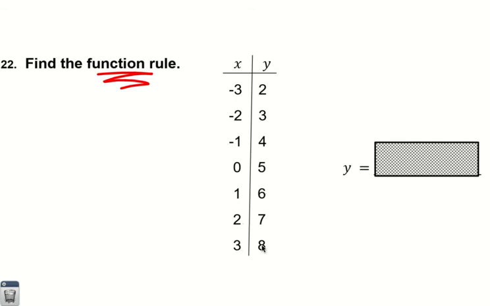Your first idea might be, and I don't know how possible it is, but you look down here at the 1, 6 and think, if I multiply this x by 6, I get that. So is that the pattern?